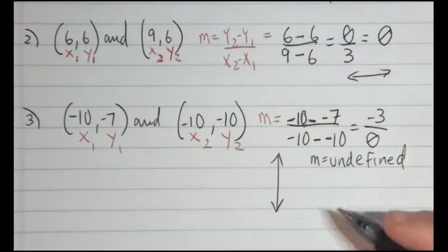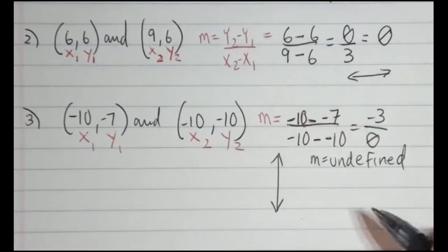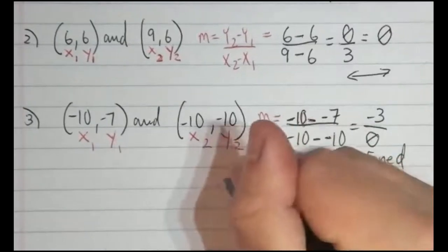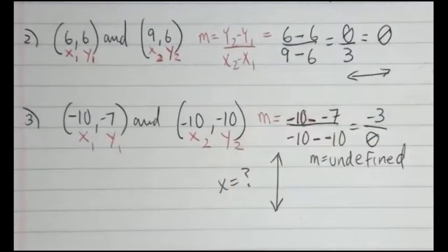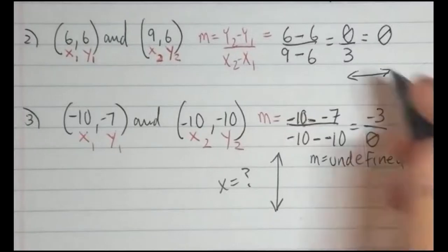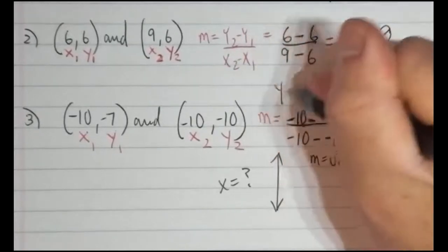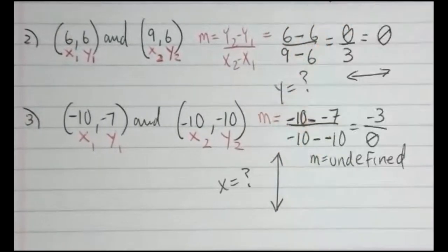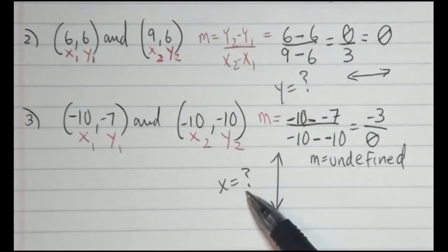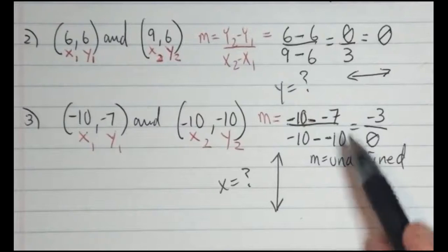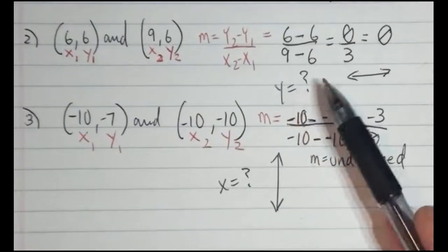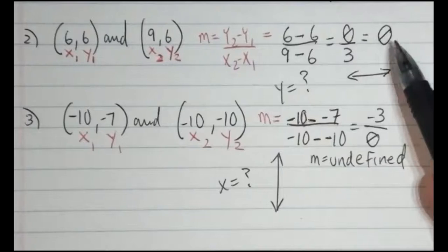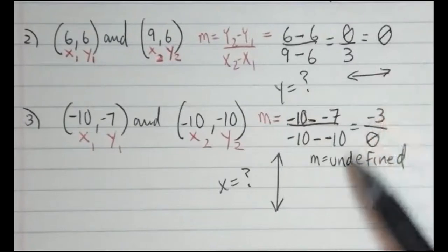And remember, a vertical line is going to be x equals some number. A horizontal line is going to be y equals some number. So just know we have a vertical line where it says x equals something. That slope's undefined. We have a horizontal line where it's y equals some number. That slope would be 0. So know the two differences.